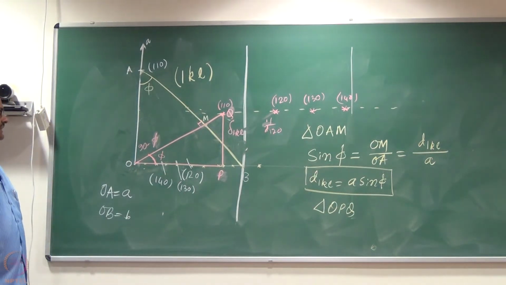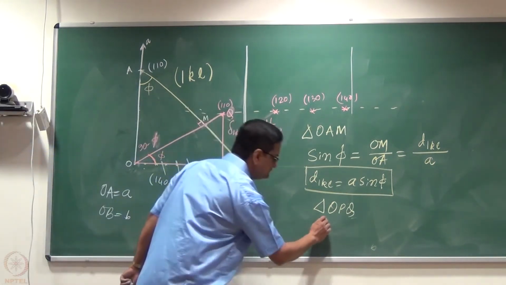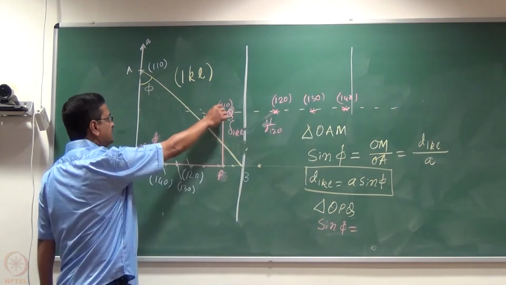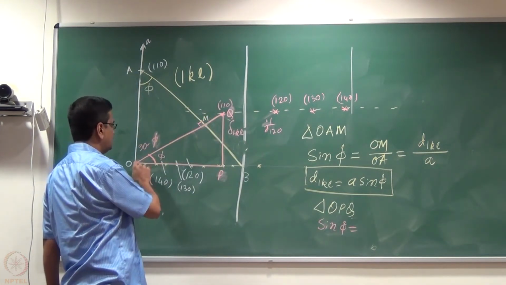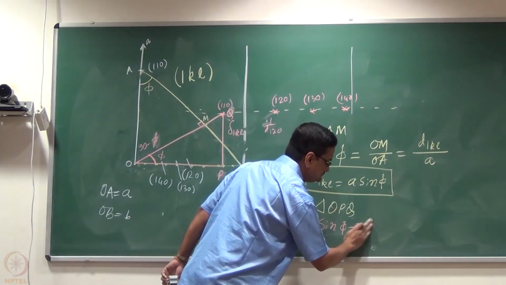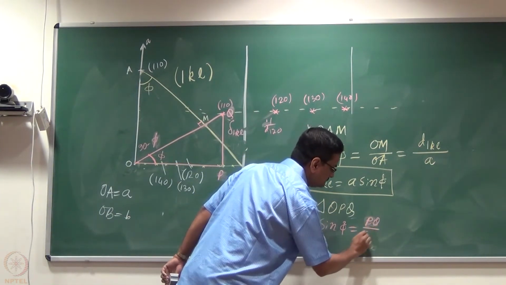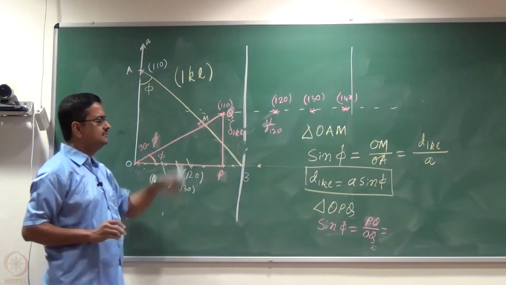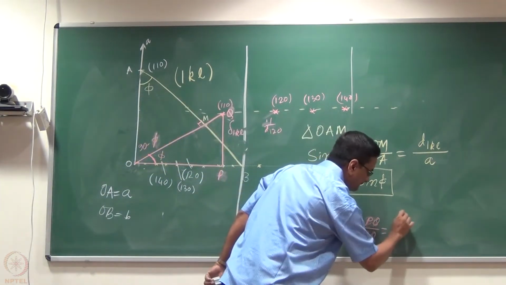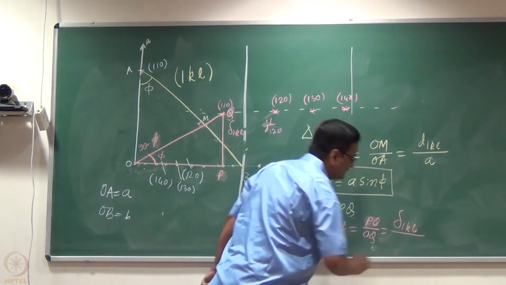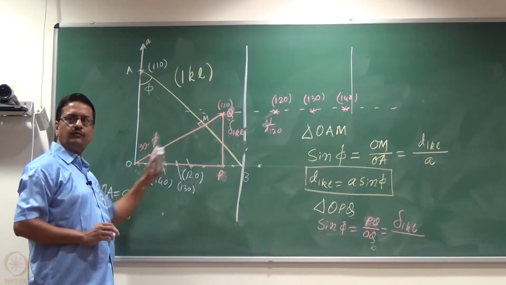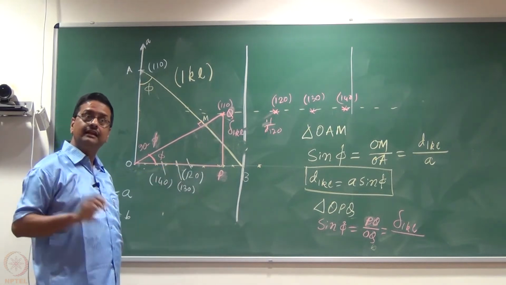So now what is sin phi here? Sin phi is PQ by OQ. What is PQ? Delta 1KL. What is OQ? 1 by D1KL.